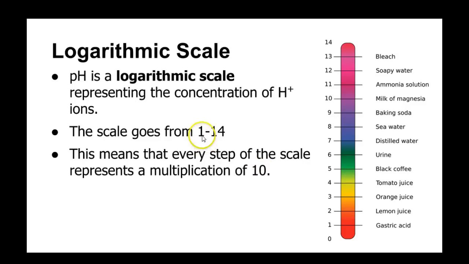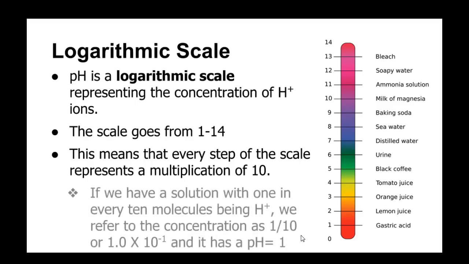The scale goes from 1 to 14, and you can see some of the common objects that we're used to seeing in life. If we have a solution where 1 out of every 10 molecules is a dissociated hydrogen ion, then we refer to that concentration as 1/10 or 1.0 times 10 to the negative 1, and that would give us a pH of 1.